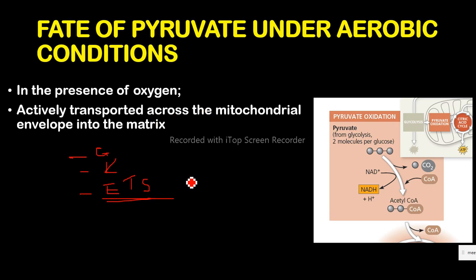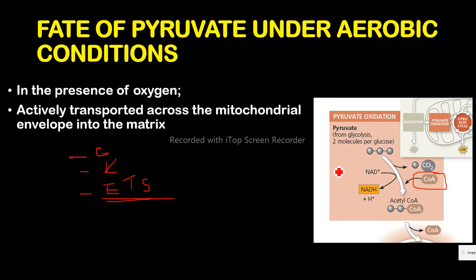It is equally important. And what happens? Our pyruvic acid undergoes what we call oxidative decarboxylation. And in the process, you have a complex enzyme found within the cell, called coenzyme A. So you undergo oxidative decarboxylation.